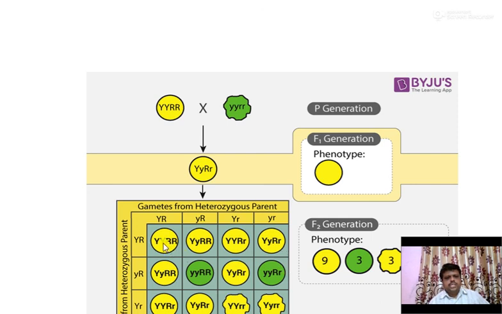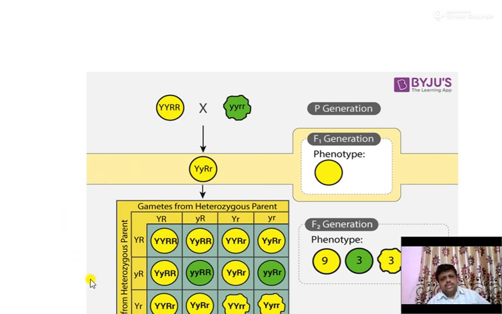Now just see, this plant will be yellow round. This will be yellow round, this will be yellow round, this will be yellow round, and this will be green round.